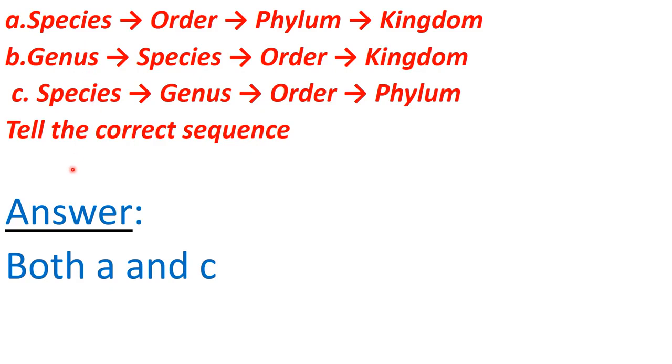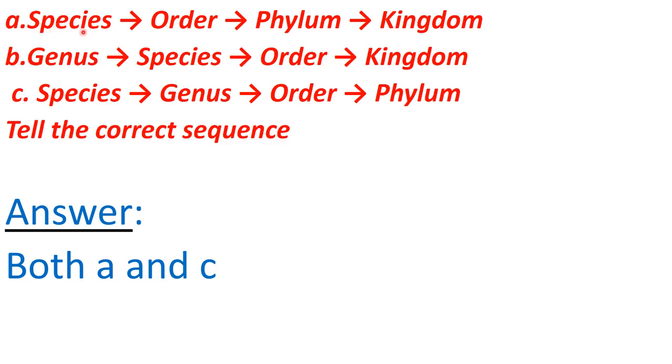So just recall the taxonomical hierarchy in your mind and then give the answer. Species come before the genus, so option B is incorrect here, because genus is coming before the species.